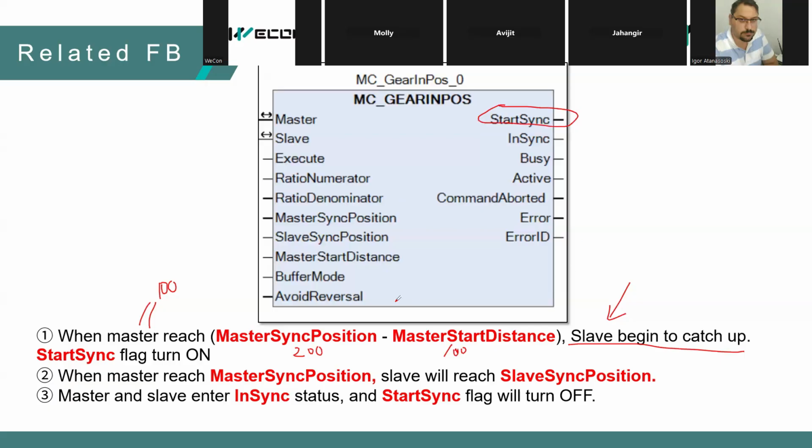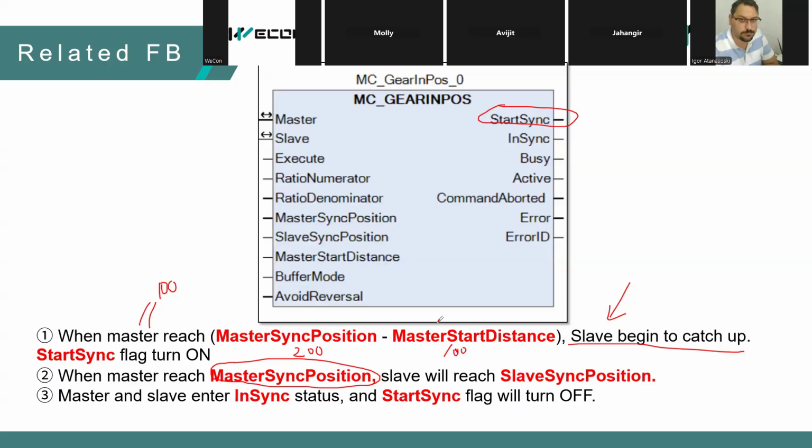During this time, the master will continue to go forward. When the master reaches the master sync position, here 200, the slave will also reach the slave sync position. For example, you can set it as 100, 200, or 300.